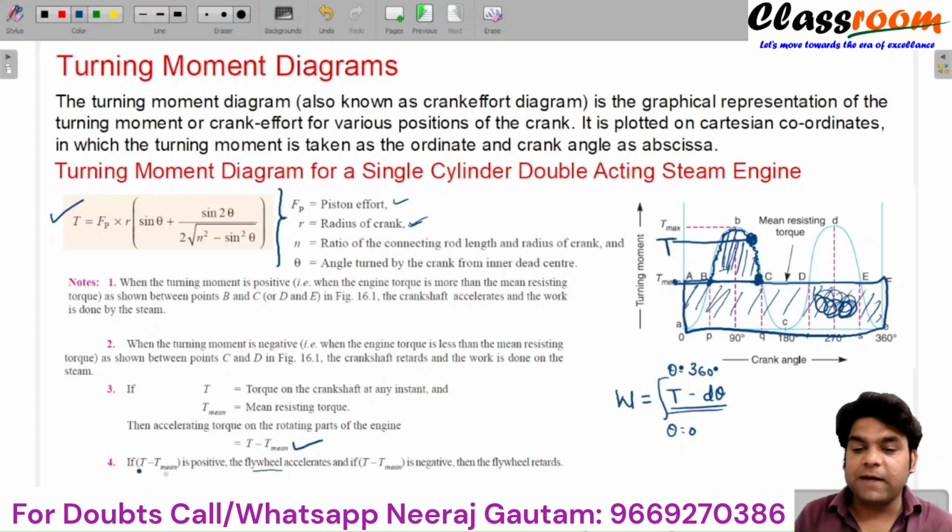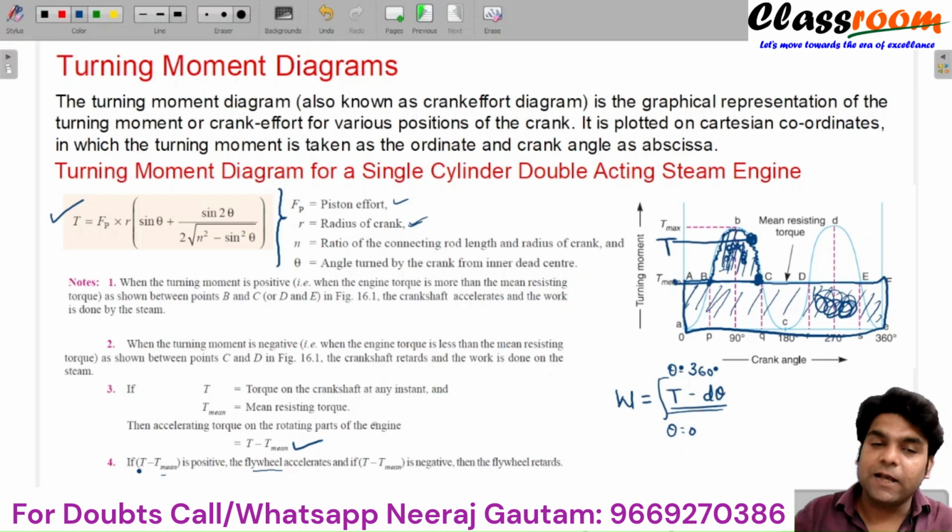So when T minus T mean is positive, that means, as I said, if the turning moment at any instant is more than the mean resisting turning moment, then the flywheel is accelerating, and if the turning moment value is less than this mean value, then the flywheel is decelerating.